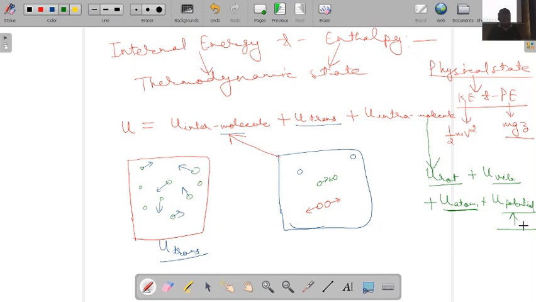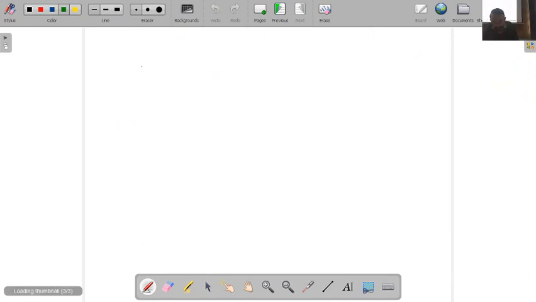So I can say that, say I have one O2 molecule. The O2 molecule will be something like this. Now say this is my coordinate system: X, Y and say this is Z. Now this O2 molecule can have different types of rotational motions.